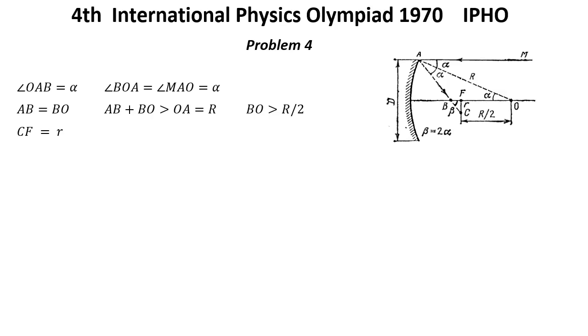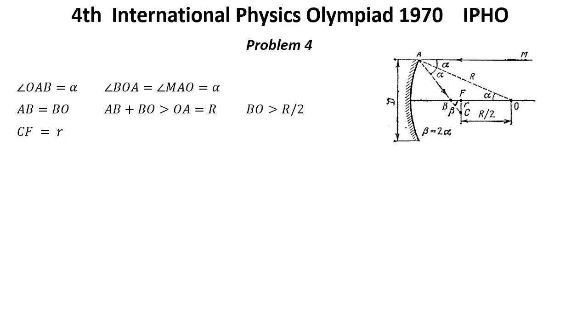Thus, when reflecting a parallel beam of rays by a spherical mirror finite in size, it does not join at the focus of the mirror but forms a beam with a radius r on the focal plane.